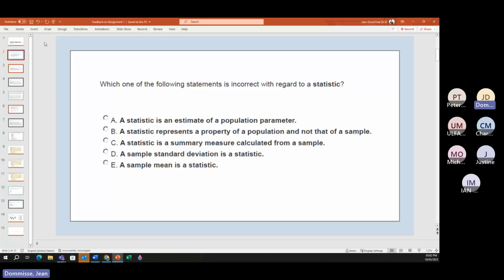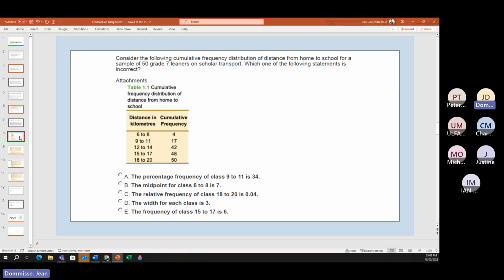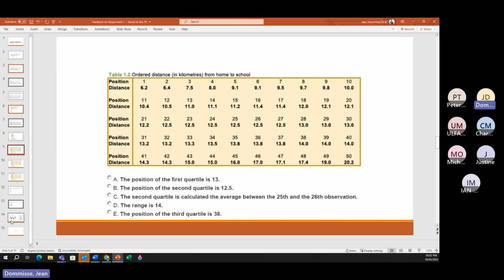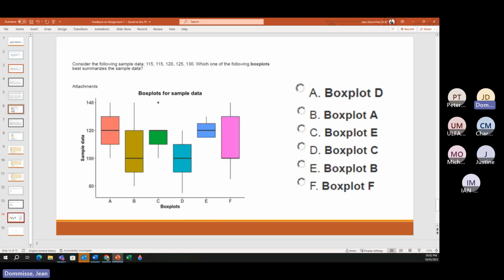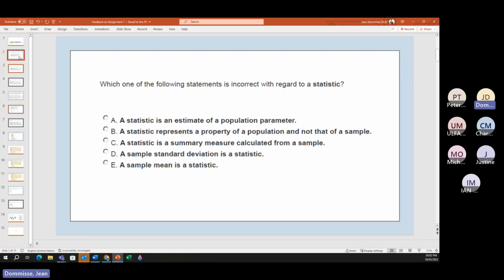There's a combination of tables, and there's a combination of box and whisker, or box plot. So it's just an example of one of the previous assignments.